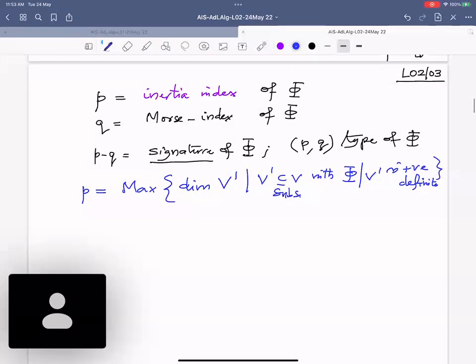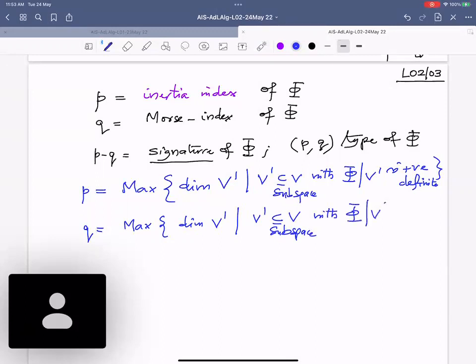And Q, once I wrote this, it will be easier to guess. Q is the maximum dimension of V prime, a subspace of V, with phi restricted to V prime negative definite. And that's it. If you do this, then r is determined, and therefore n minus r is determined and so on.